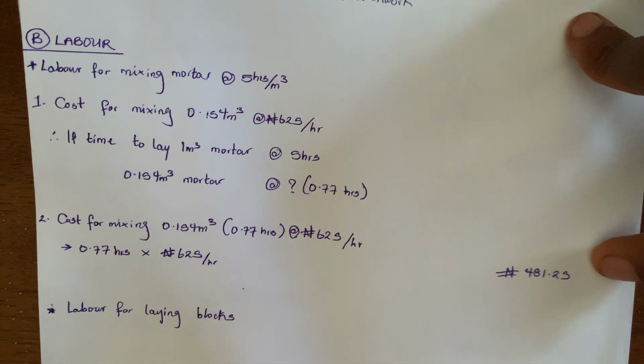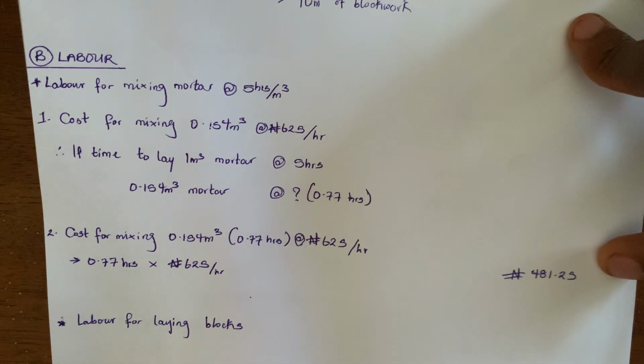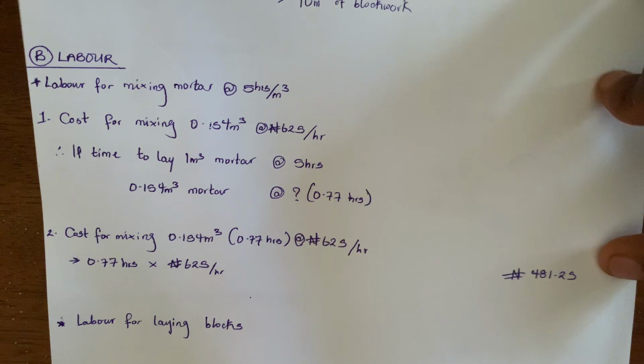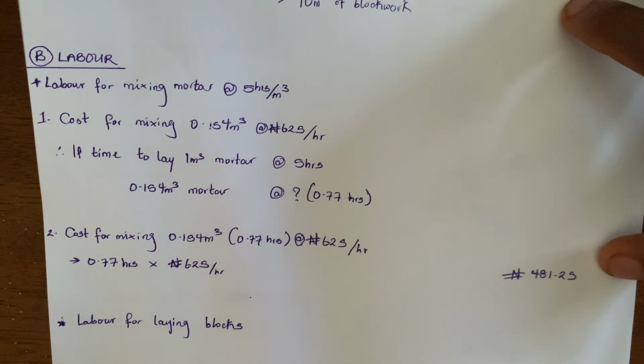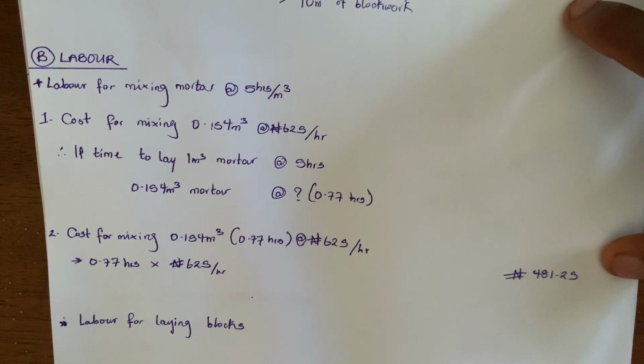So in our consideration, we said that we're going to be needing 2 laborers at the rate of 625 naira per hour and 3 tradesmen at 1,500 naira per hour. So we need to know what will be the total cost we'll be paying the 2 laborers and the 3 tradesmen at their rates.